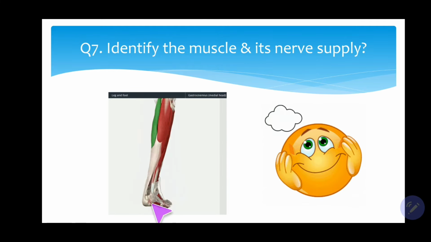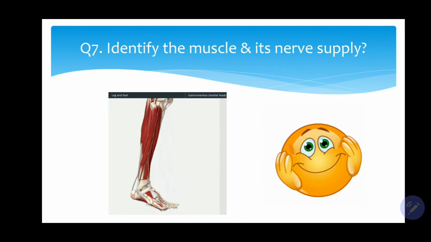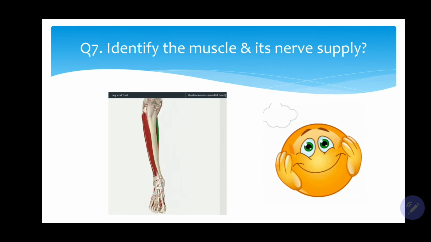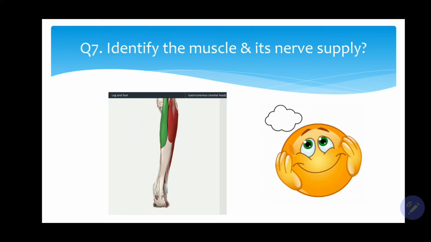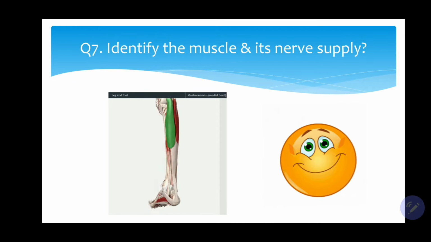Okay, so the green colored thing which is being asked here in the question is medial head of gastrocnemius, right? What special things do you know about this medial head? One thing is that of course it forms the inferomedial boundary of the popliteal fossa, and it is associated with a bursa below it, and that's called Brodie's bursa.